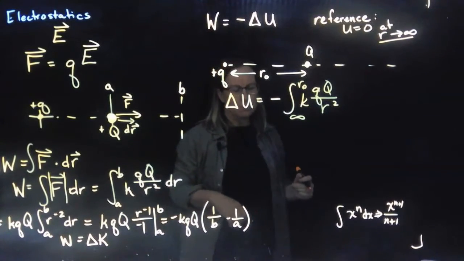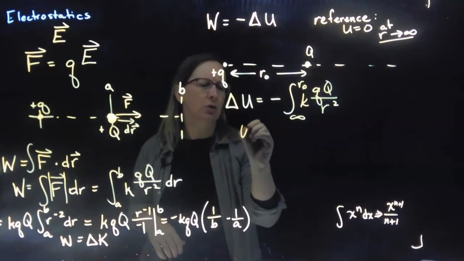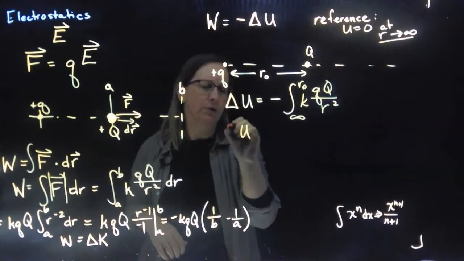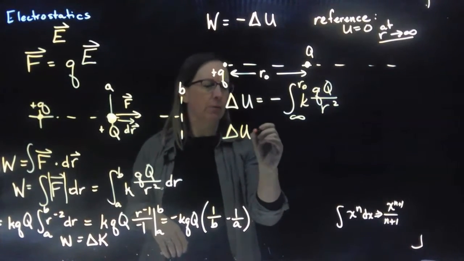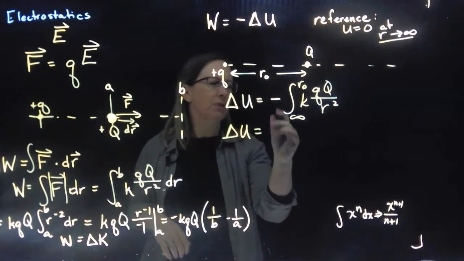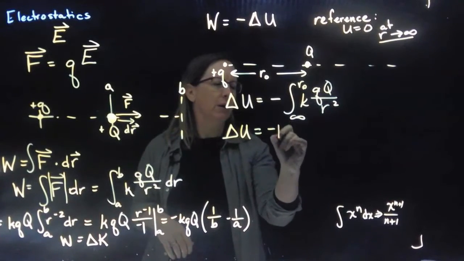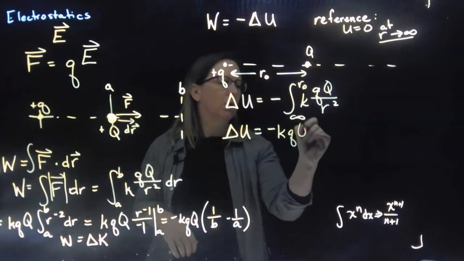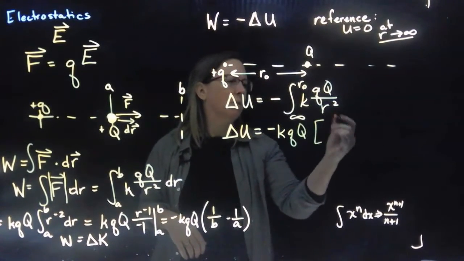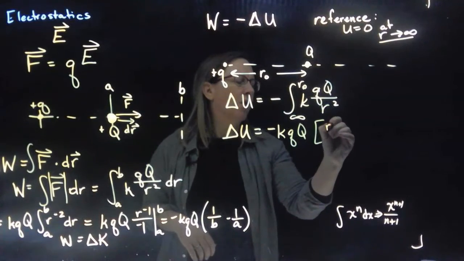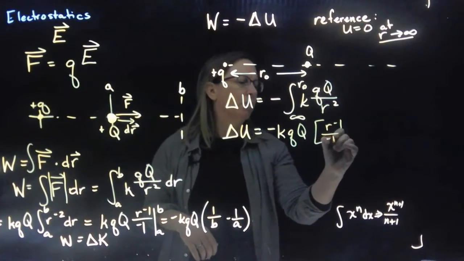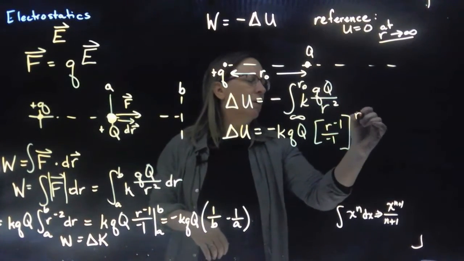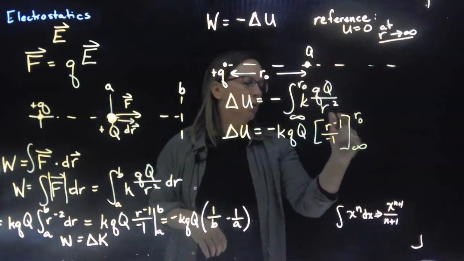And so we'll call this change in U. This will just give us the same thing. We've got a minus sign, but anyway, kqQ times r to the minus 1 over minus 1. Those are our limits of integration.